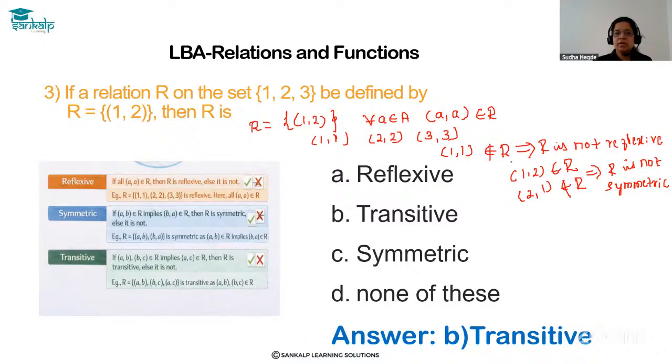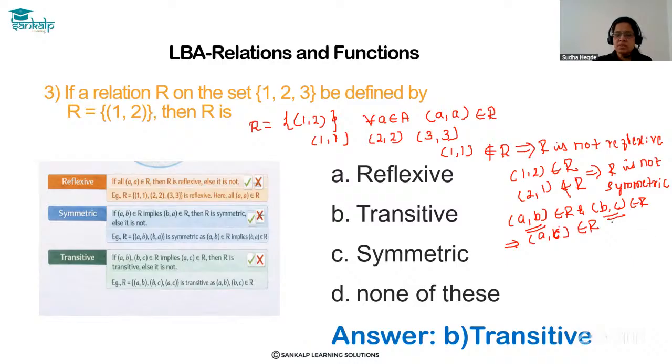Next, for transitive, (a, b) belongs to R and (b, c) belongs to R. Then, if (a, c) also belongs to R, then it is called transitive. But in this case, we don't have such pairs.